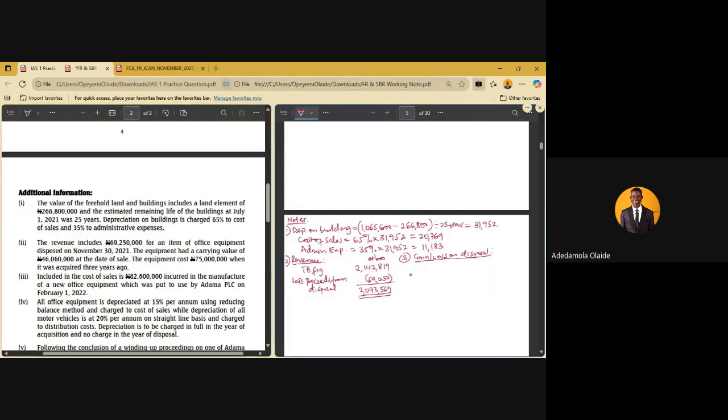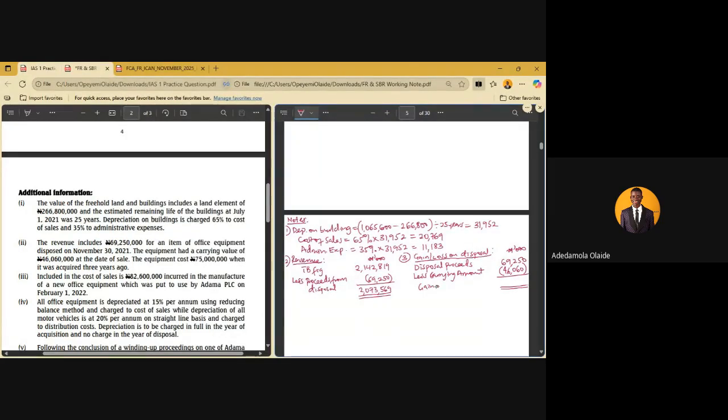The gain or loss on disposal will be disposal proceeds, which is 69,250, less the carrying amount of the asset at the time of disposal, which is 46,060. And with this, the gain or loss on disposal is how much?